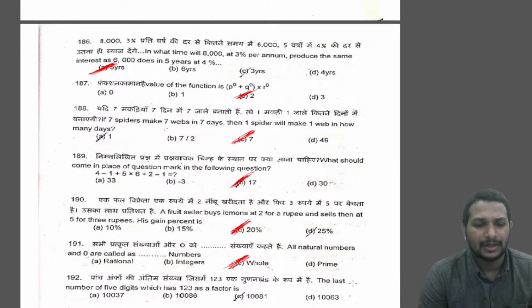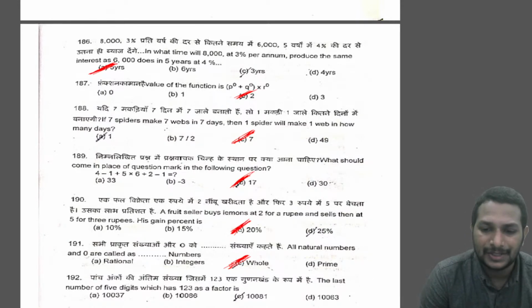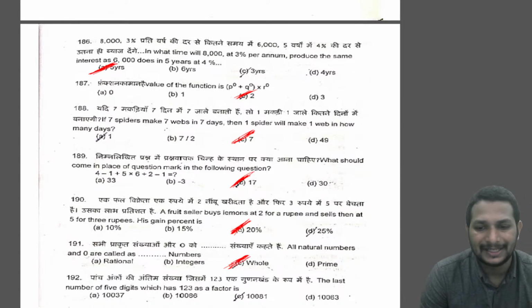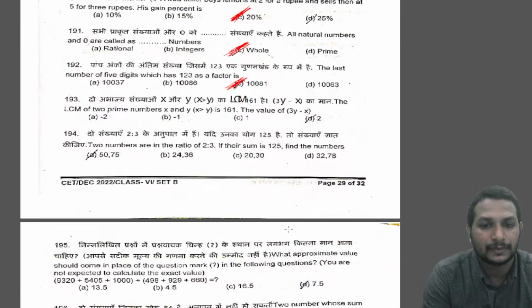If we check 10,037, 10,086, all these numbers, 10,006, if I check, we'll be getting the answer as option C, because option C is divisible by 123. So the answer is option C. Now let's see the next question.